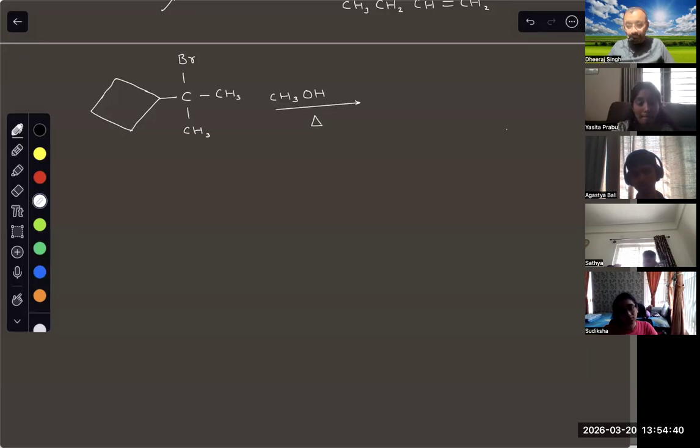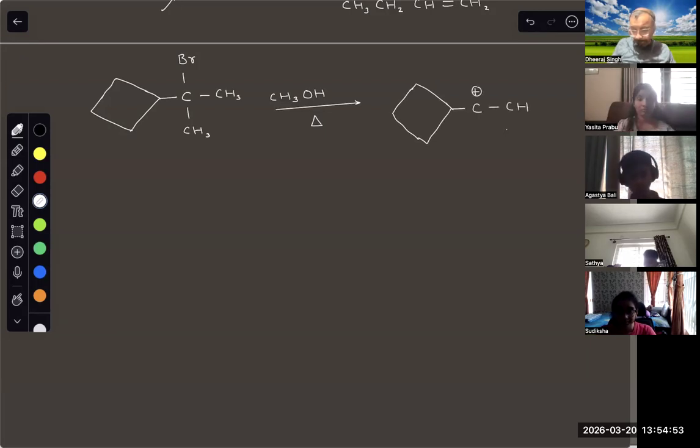Okay. First step is what? Carbocation will get formed. C plus, CH3, CH3. Now this is a 2-degree carbocation. Can it become 3-degree? Possible? Or can this overall compound be more stable?